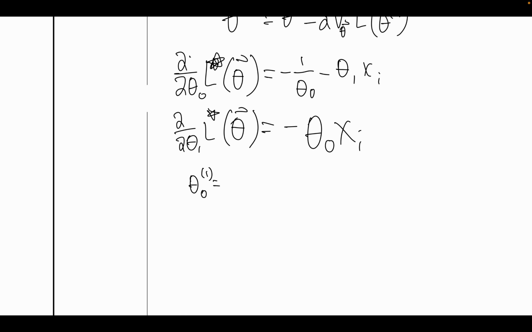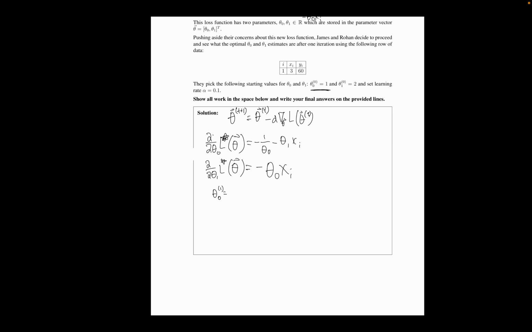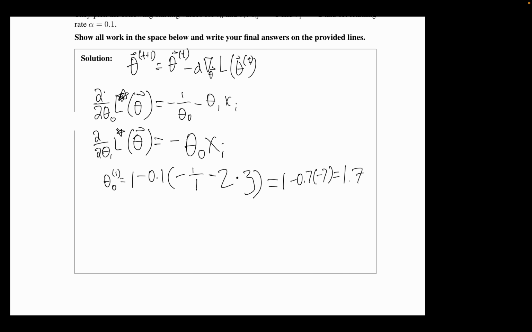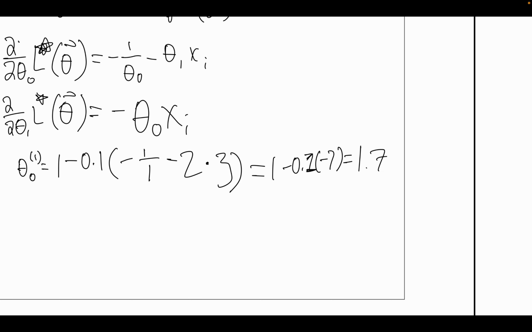That theta 0 should be given, which is 1, minus the alpha, which is 0.1, and then you plug the gradient in, so negative 1 over 1 minus 2, because theta 1 is 2, and xi is 3, so 3 times 3, which is equal to 1 minus 0.1 times negative 7, which is equal to 1.7. My apologies, this is a 1. This is 7.